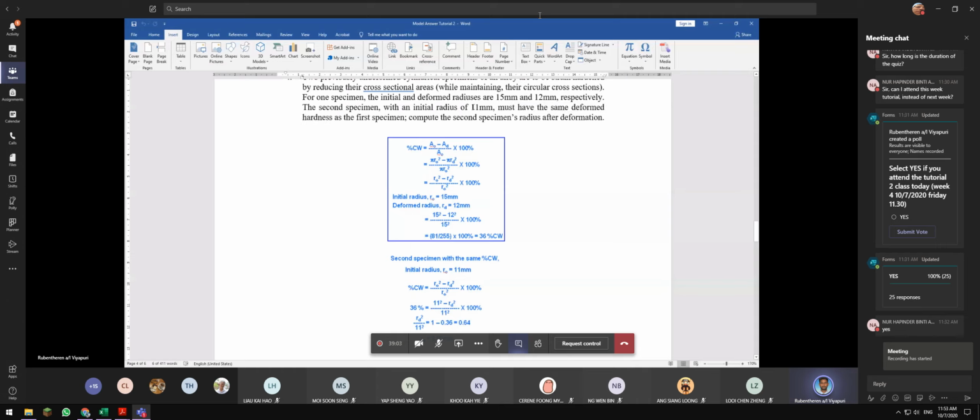Your initial radius for the second specimen is 11. So 11 squared minus this, which is the one you want to find, the radius of the final deformed specimen, r_d squared, over 11 squared, times 100. Okay, do the mathematical problem.